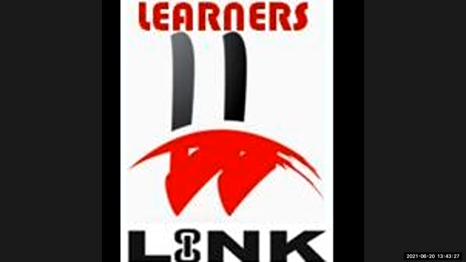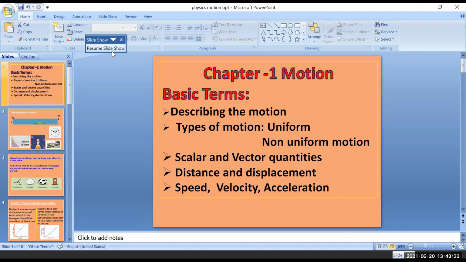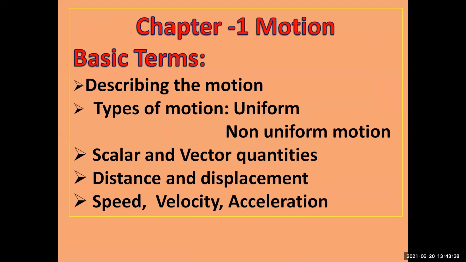So in the 9th standard, we have the basic terms like motion, types of motion, uniform motion, non-uniform motion, scalar quantities, vector quantities, distance, displacement, speed, velocity, and acceleration.